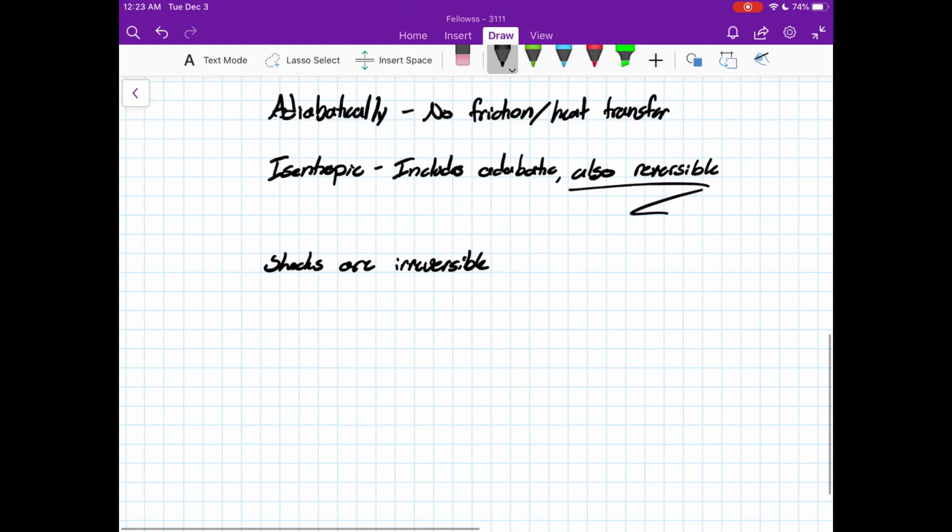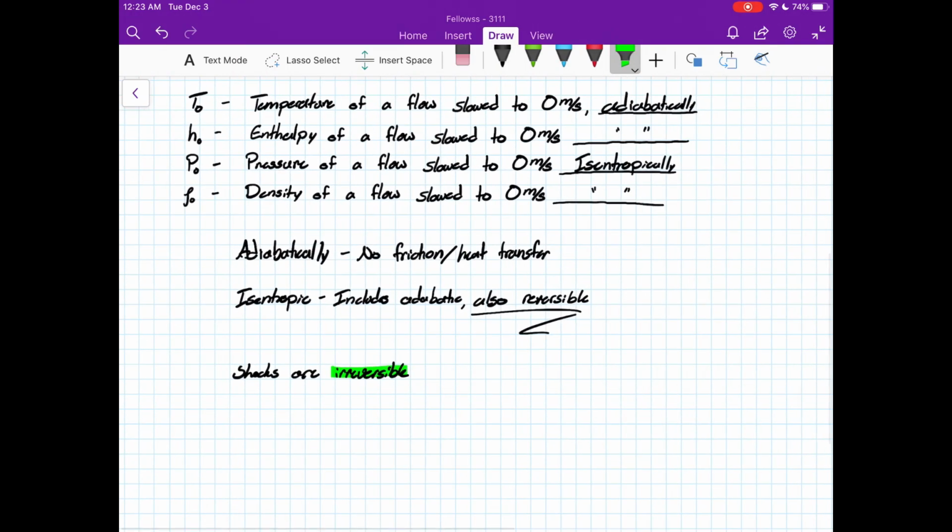we have this violent change, and we also put out a video on shocks, where we've abruptly changed the flow in a really violent way, and we can't undo that. It's irreversible. And so that means that shocks are not isentropic.